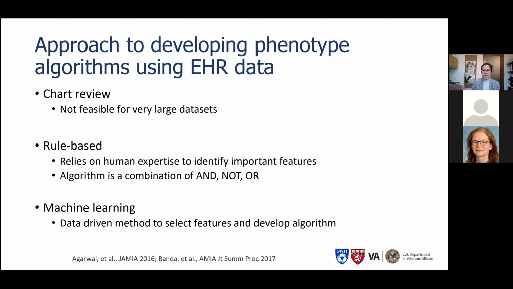The last method, and I think the one that many of us have been testing to see if it'd be useful, is a data-driven method to select the features, meaning what goes into the algorithm, and/or mostly develop the algorithm. Features can be automated, or you can input them in, but the algorithm itself, when you decide which of the important features or variables, that's often the point where we're applying a lot of machine learning.